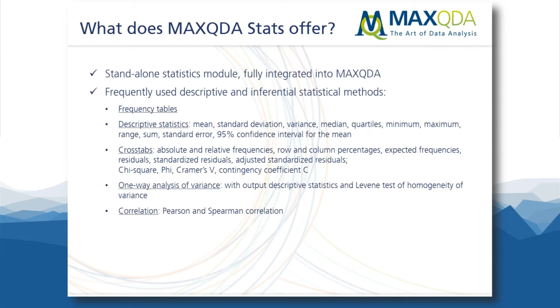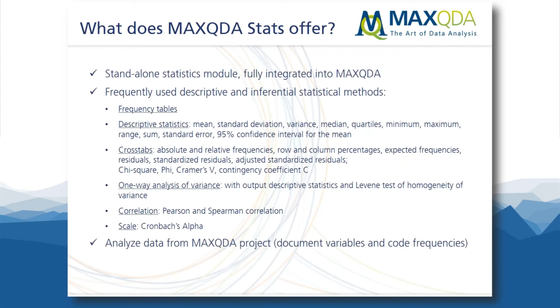We are very happy to integrate the correlation procedure into MAXQDA Stats 2, so you will be able to calculate Pearson and Spearman rank correlation. And we are very proud of the functions we have integrated for creating a scale, where you can work with Cronbach's alpha, and I will show you this in detail later.